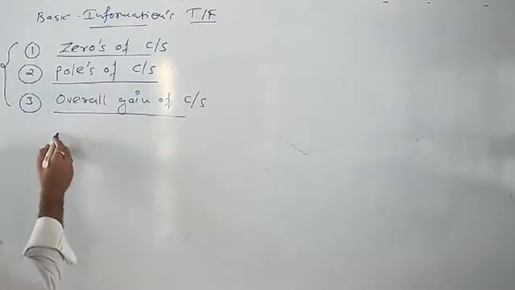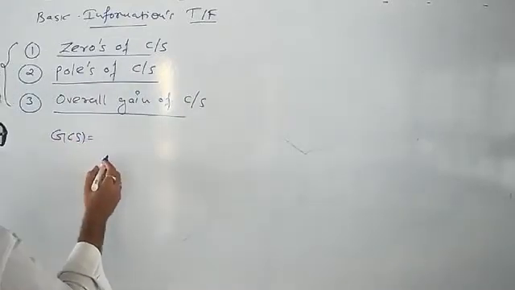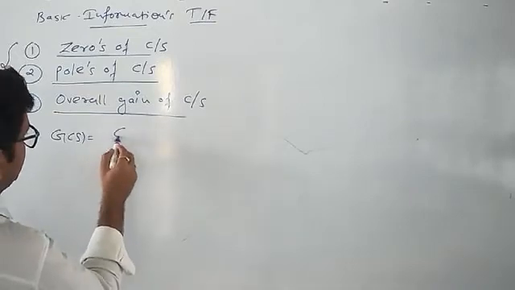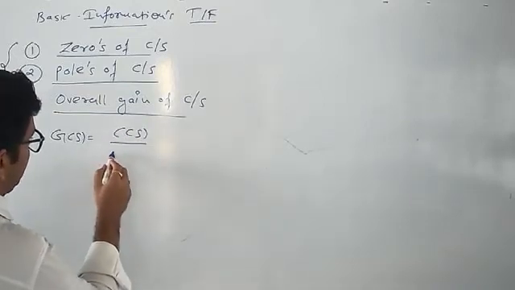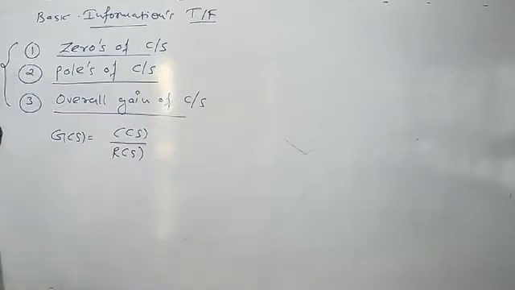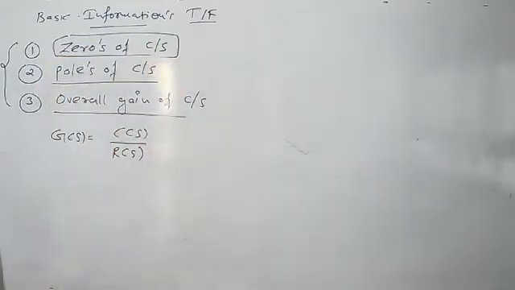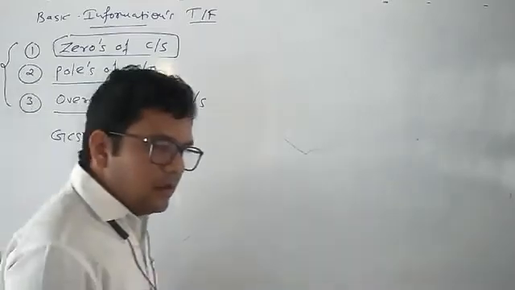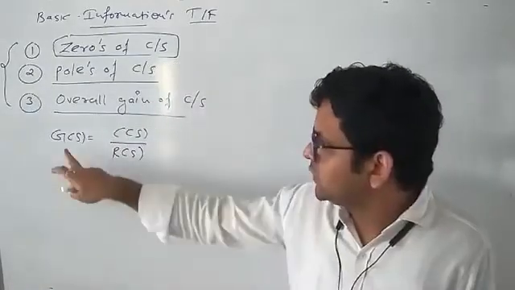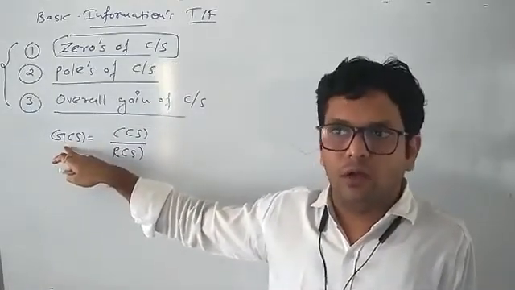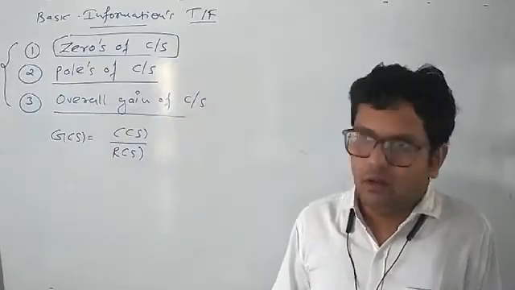So we know that the transfer function is nothing but the ratio of Laplace transform of output by Laplace transform of input by assuming all initial conditions to be zero. Now, what is the meaning of this? Zeros of control system. If you see this definition very clearly, I can define transfer function is nothing but the ratio of two polynomials.